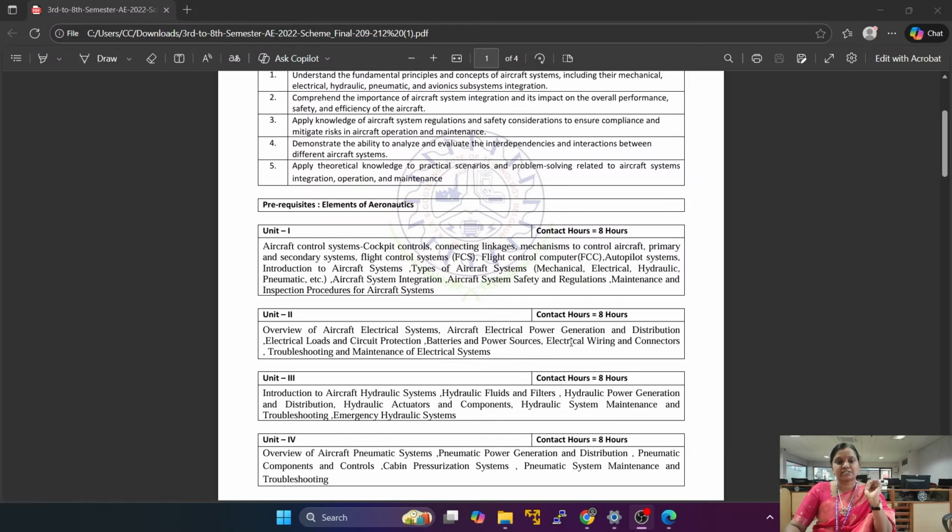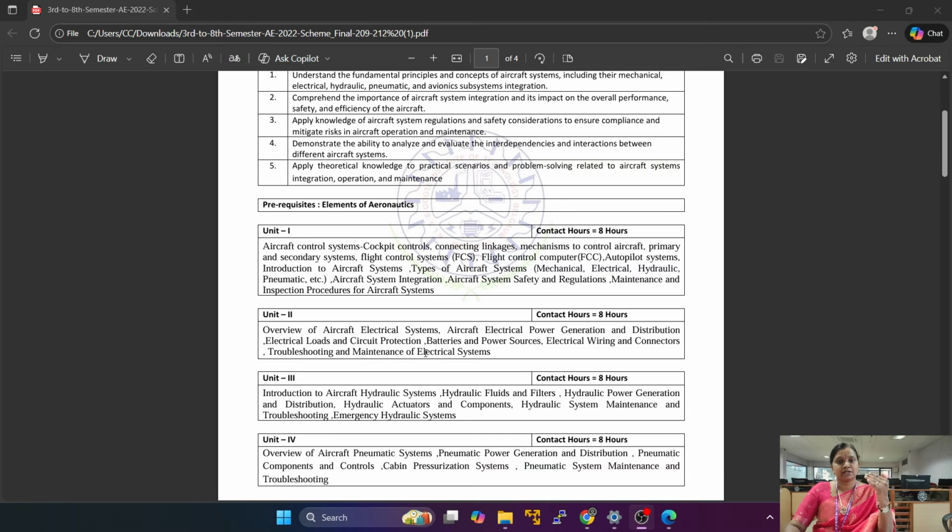So the power generation, and the distribution of the electrical power within the cockpit and the entire cabin also. This also deals with circuit protections, how the circuit has to be protected.